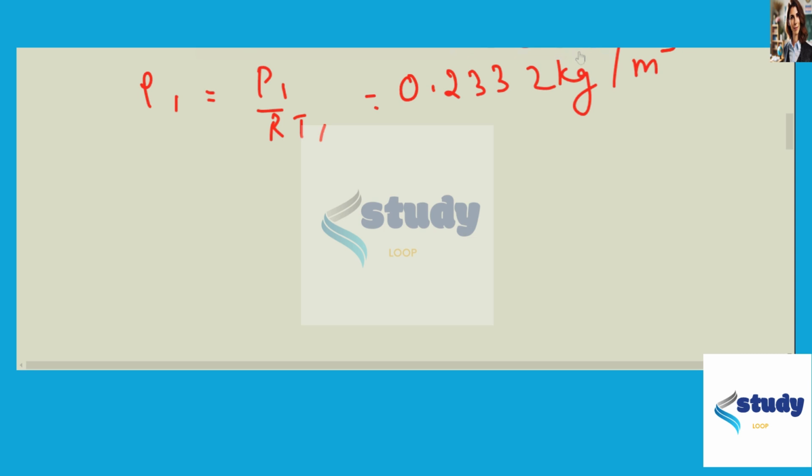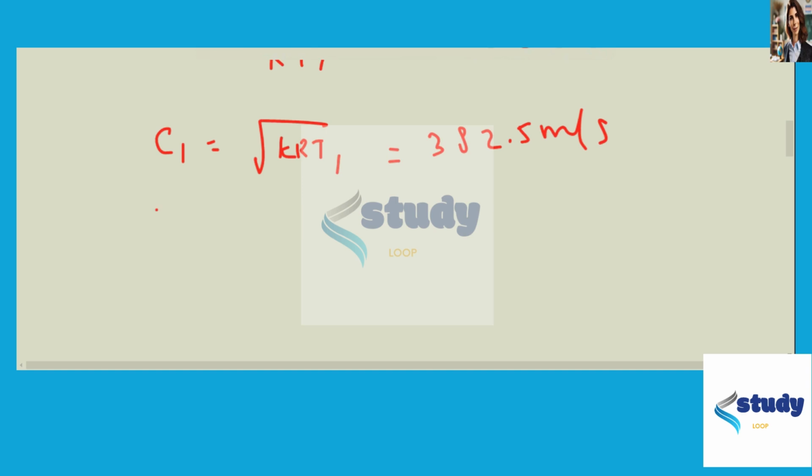Now we understand that the inlet velocity and the mass flow rate need to be found. First we will find out C1, that is square root of kRT1, and we get the value to be 382.5 meter per second. Now V1 equals Ma1 times C1, which equals 688.5 meter per second.